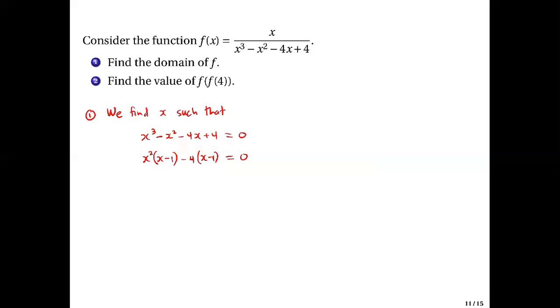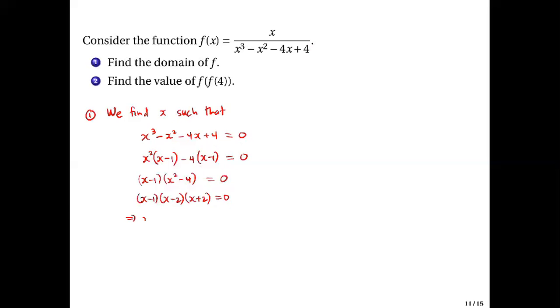Now, we can factor out x minus 1. It's a common factor now. So we will have x minus 1 times x squared minus 4 equal to 0. Furthermore, we can factor this; it is a difference of two squares. So we will have x minus 1 times x minus 2 times x plus 2 equals 0.